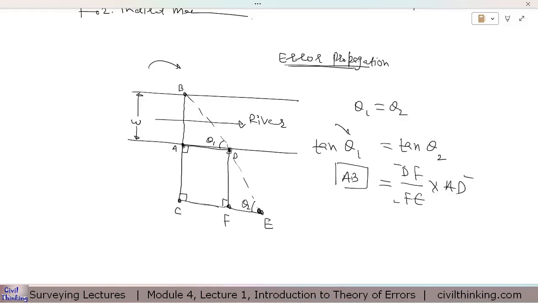When you multiply and divide, all of these errors also get multiplied and divided, and AB also gets some error. So you got this error indirectly by mathematical operation. This is known as error propagation. So let us move on.